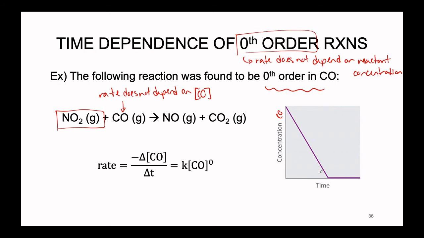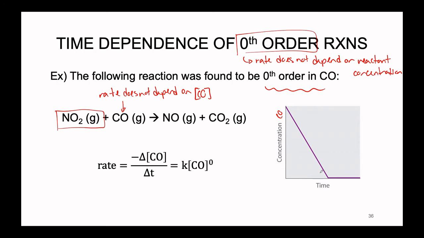The reason why there is this linear decrease is because the rate, again, is constant. There is nothing impacting the rate when it comes to carbon monoxide. So this looks a little strange. It's a little strange to think about because the reaction still moves forward. It's just not dependent on the concentration of one or possibly many of your reactants.